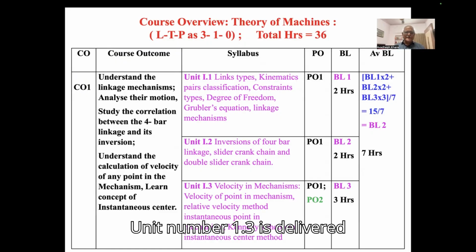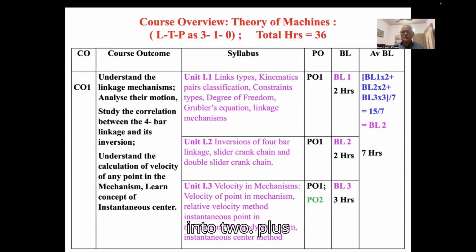Unit 1.3 is delivered at BL level 3 for 3 hours and it addresses PO1 and PO2. So the total number of hours for unit 1 is 7.